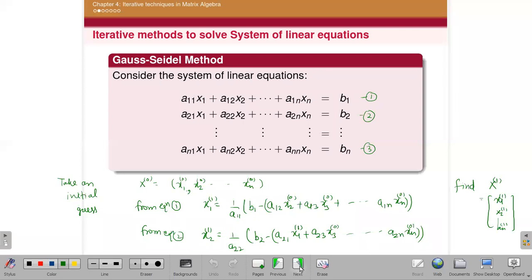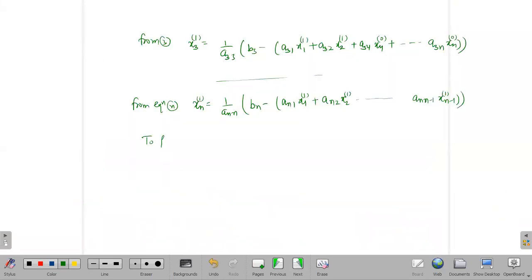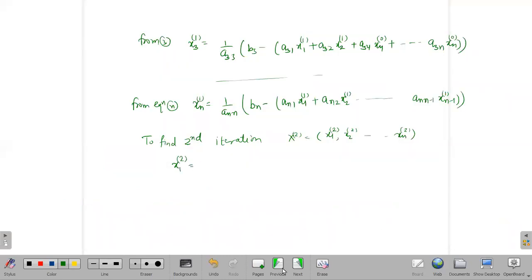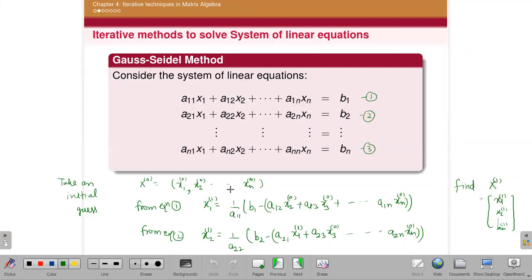And then similarly, to find the second iteration, x2, it will be x1 2, x2 2, and so on up to xn 2. So here you have to take x1 2, which means 1 will be replaced with 2 and 0 will be replaced with 1 here.